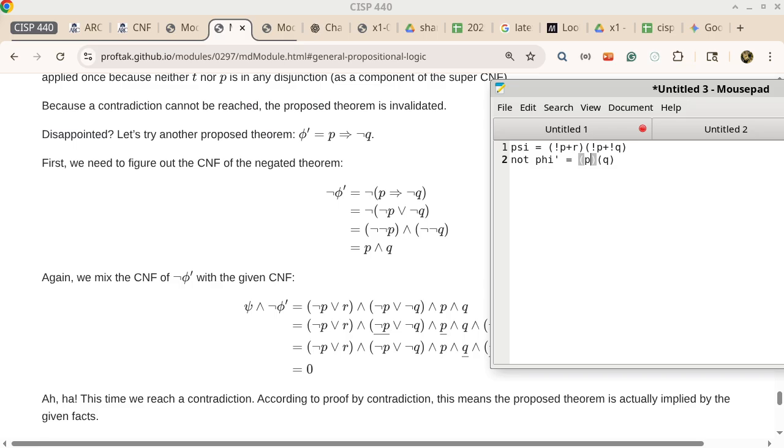It also means you can always add an or false with each one, so it is clear what is left after a resolution. So now we say, okay, what about psi and the negation of phi prime?